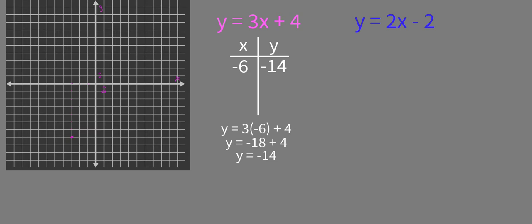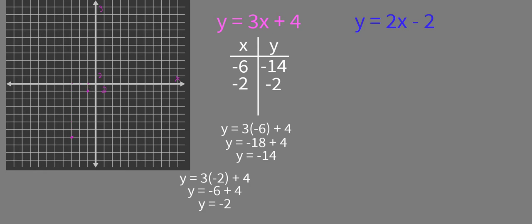Then we'll skip to -2. When x equals -2, y equals 3 times -2 plus 4, which equals -6 plus 4, which equals -2. So we have a point at (-2, -2), right here.